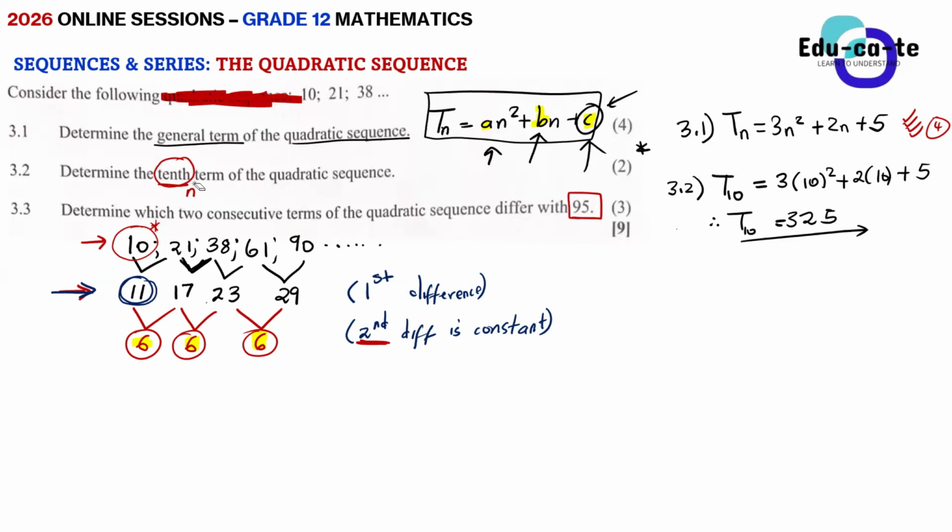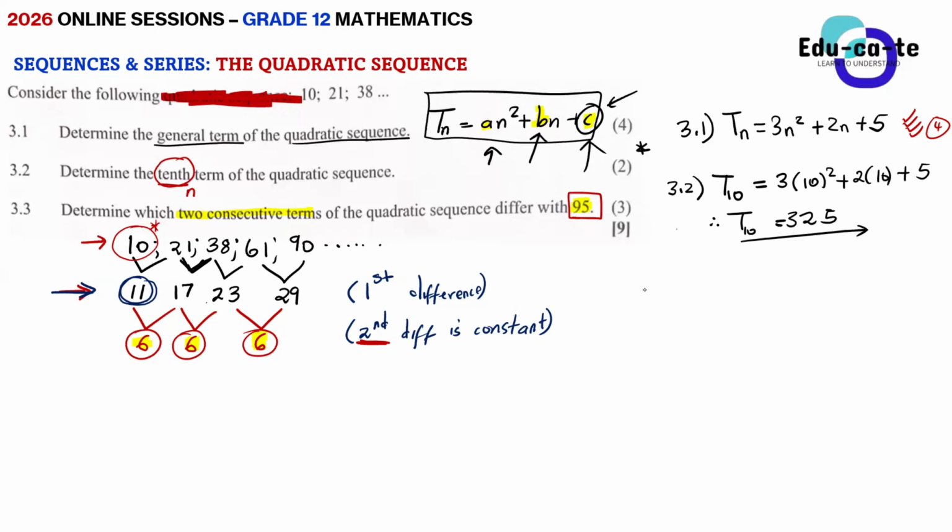Okay, let's hear the question one more time. They said determine which two, so you need two numbers there. So which two consecutive terms of the quadratic sequence will differ with 95? Let me try to give you a perspective.